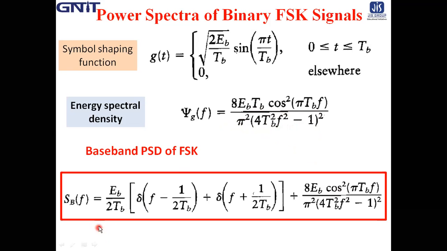So it is now SB(f) equal to EB by 2TB [delta function (f minus 1 by 2TB) plus delta function (f plus 1 by 2TB)] plus this term, that is the energy spectral density, 8 EB TB cos square(pi TB f) by pi square (4 TB square f square minus 1) whole square.